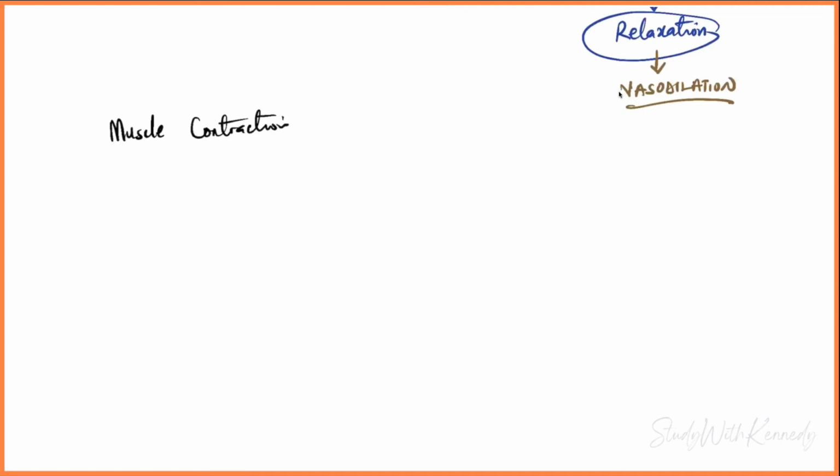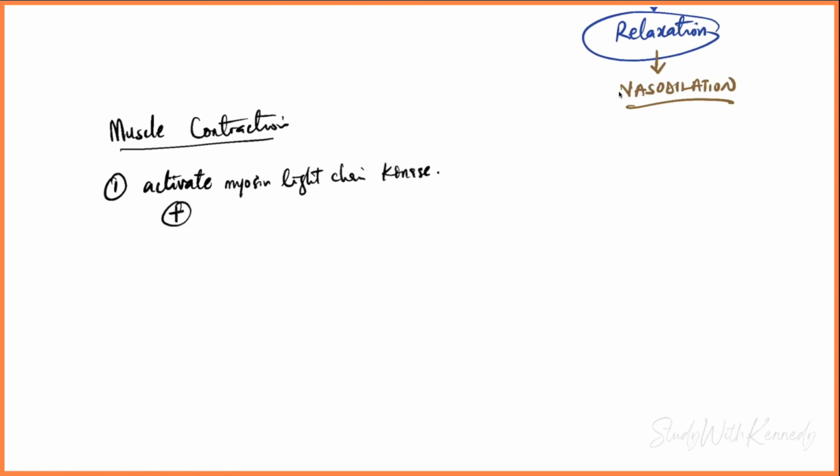The first thing that needs to happen for muscle contraction to occur, especially smooth muscle contraction, is that we need to activate myosin light chain kinase. To activate it, we need the calcium calmodulin complex, but we'll talk about that in a bit.